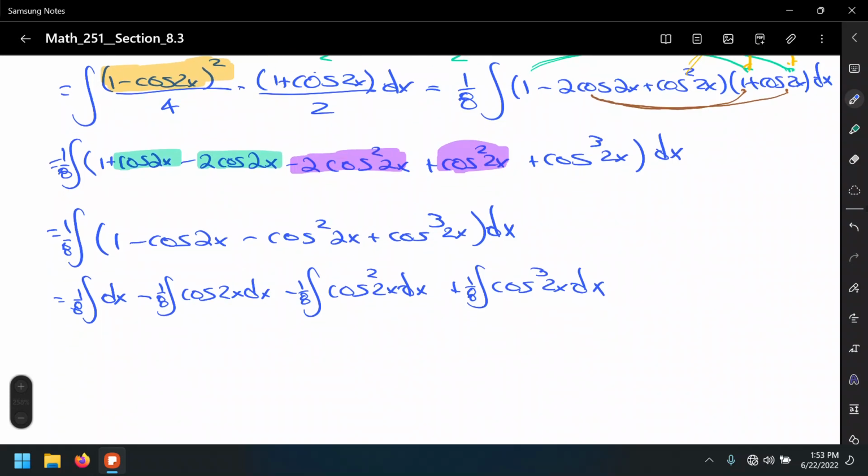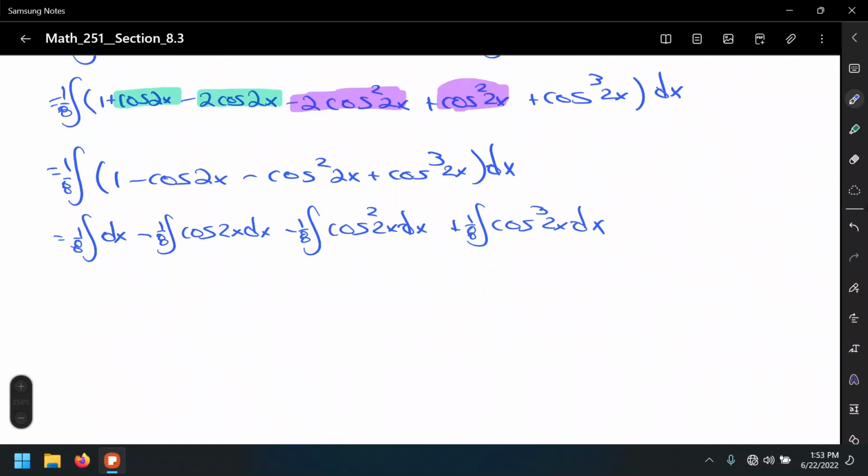So in this case we need to use both guidelines, right? We need to use the guideline for the even power again, and we need to use the guideline for the odd power again. So in this case, that's 1/8. And I know we can integrate these two, but let's leave this until the end, because we're going to end up with like terms.